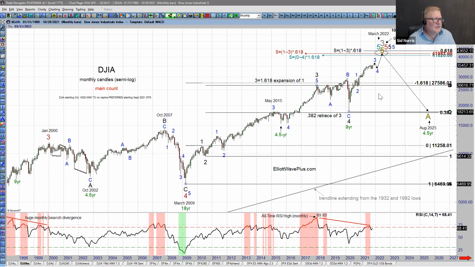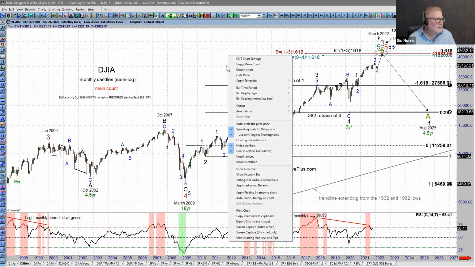I floated that for a while, but I've always had this target zone up here. This is the driving force of my wave counts. So now I'm just looking for a 5-wave non-overlapping impulse up into the upper part of that range.